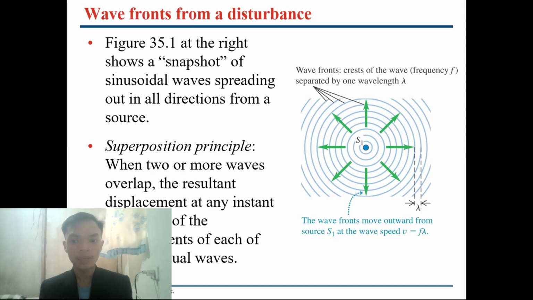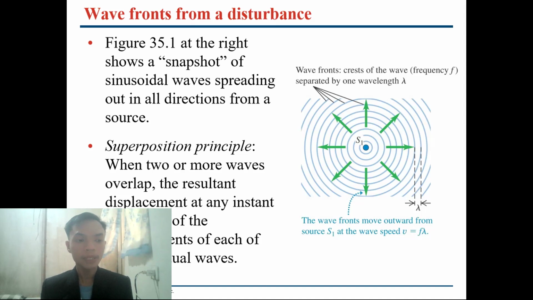The wave fronts move outward from the source S sub 1 at the wave speed v, which is equal to the product of frequency and wavelength. According to the superposition principle, when two or more waves overlap, the resultant displacement at any instant is the sum of the displacements of each of the individual waves.